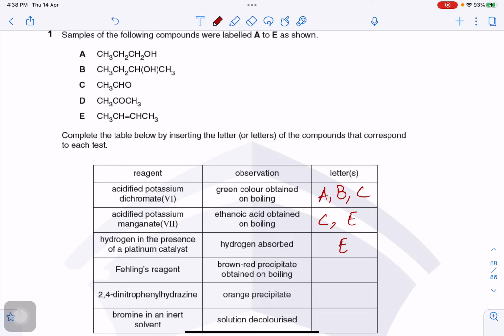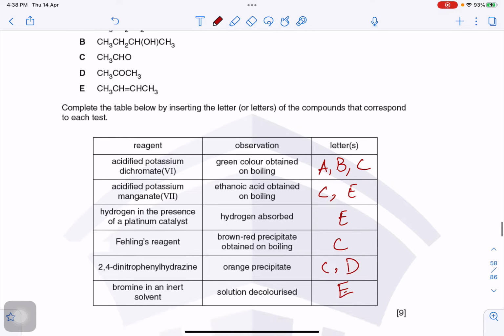So weak oxidizing agents work on aldehydes, so this is going to be C. 2,4-DNPH tests for the presence of a carbonyl group, and if there is a carbonyl group, it goes orange, so that's going to be aldehyde and ketone. Bromine in an inert solvent, the solution is decolorized, that is a test for a double bond, so this is going to be E because it can saturate the compound.